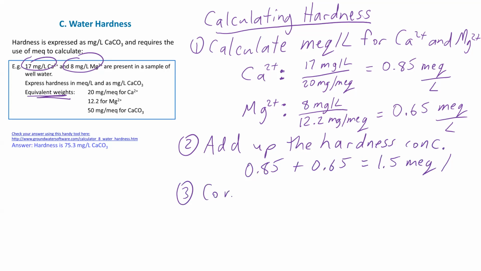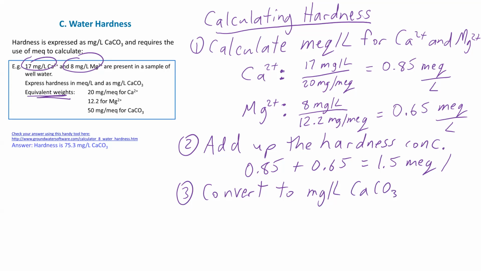Step three is we need to convert that value to milligrams per liter calcium carbonate. Okay, so remember our formula for calculating milliequivalents is taking the parts per million divided by the equivalent weight. Now we're back converting by using the equivalent weight of calcium carbonate.